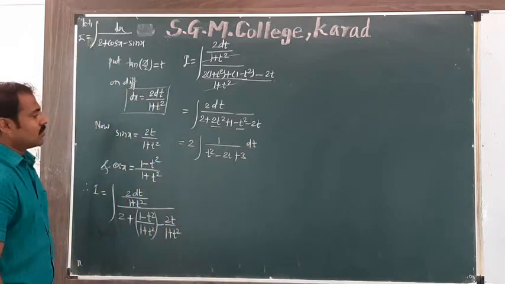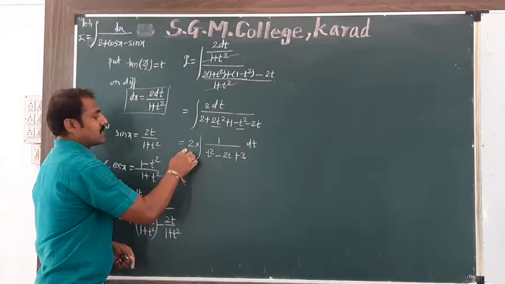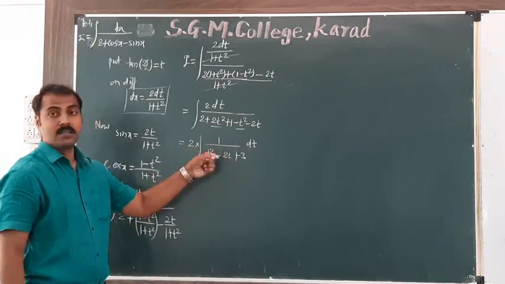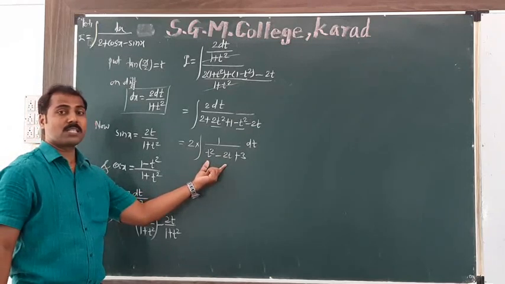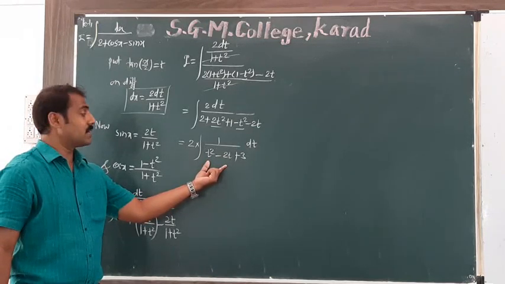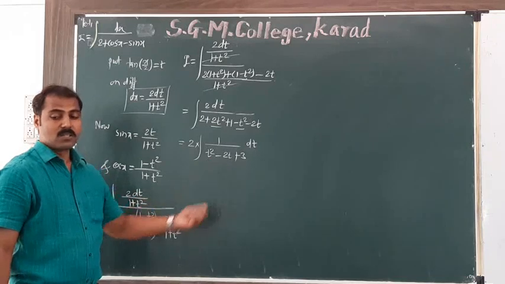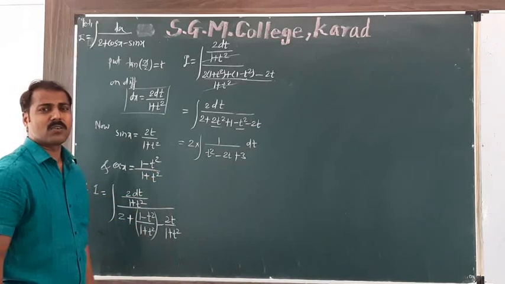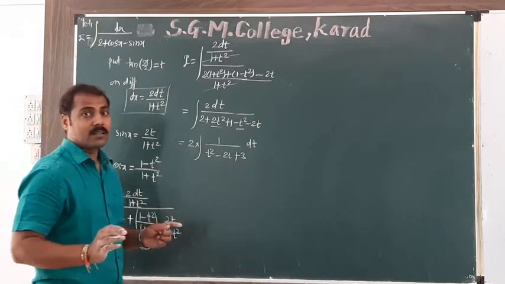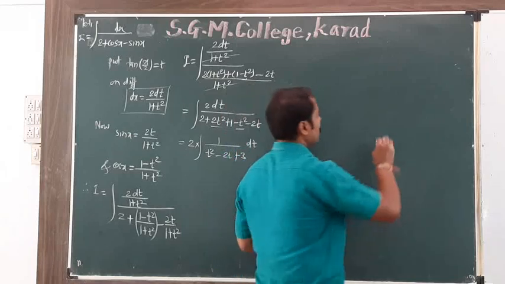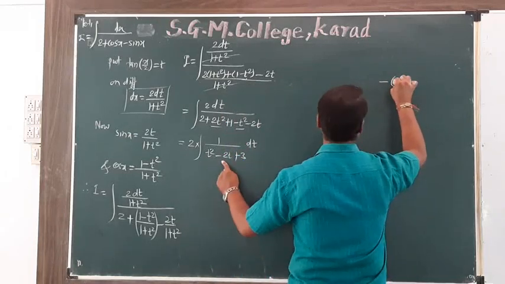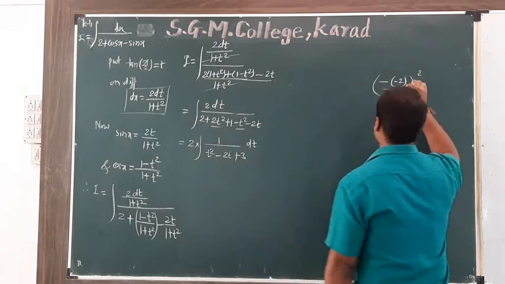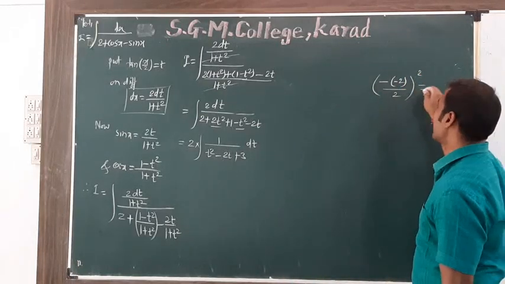So we get the integration as 2 into integration of 1 upon t square minus 2t plus 3 dt. So here we have the integration of 1 upon a quadratic expression. What do we do here? Make the coefficient of t square 1. It is already 1. So add and subtract the square of half the coefficient of t: minus 2 divided by 2, bracket square, 2 divided by 2 is 1, and 1 square is 1.